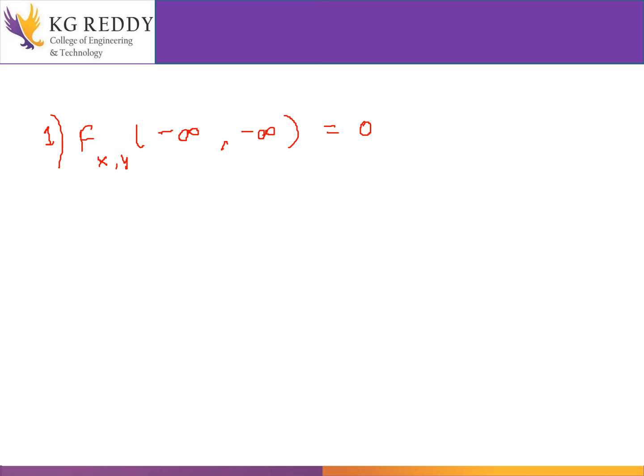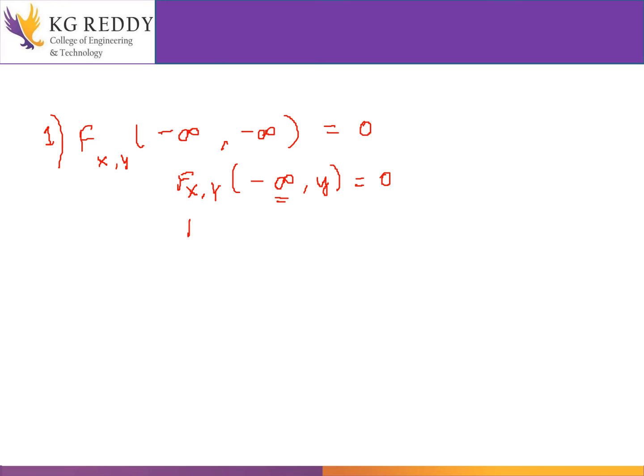I will extend this property a bit: F_X,Y(minus infinity, y) is also equal to 0, because x less than or equal to minus infinity means there are no numbers here, and the intersection with this means there will be no number. That's why the distribution function value is equal to 0.